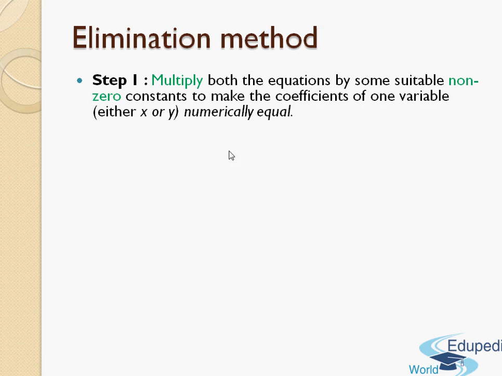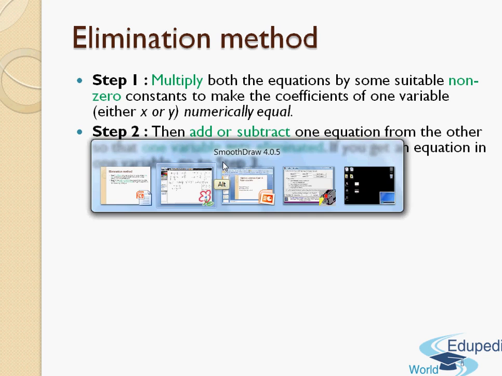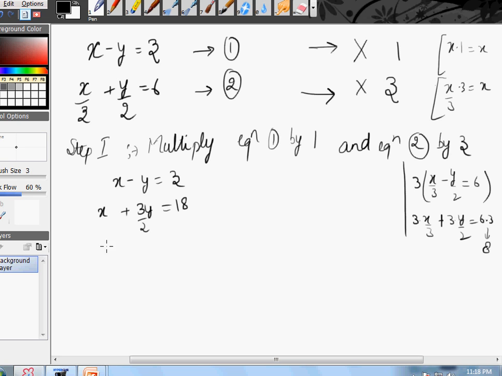Let us see what the second step says. It says, then add or subtract one equation from the other so that one variable gets eliminated. Friends, we can add both the equations or we can subtract so as to eliminate one variable.